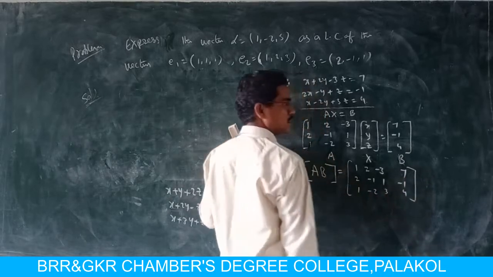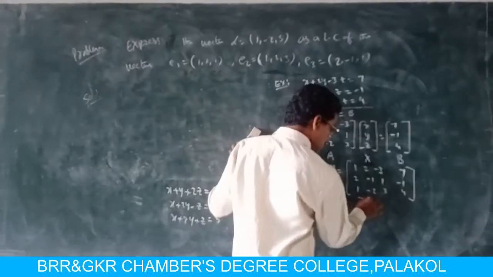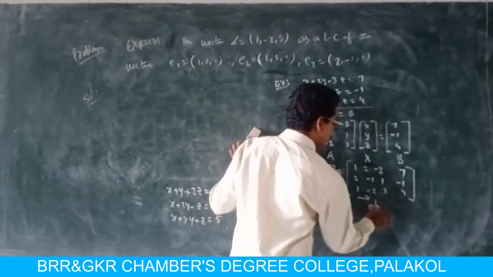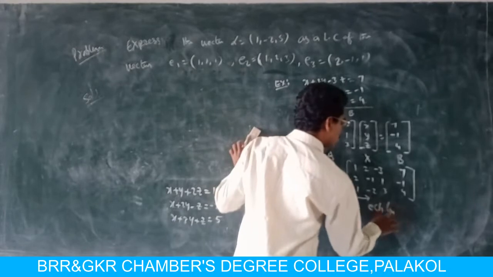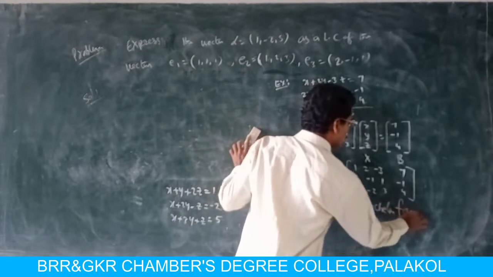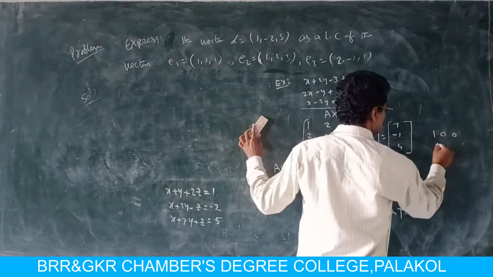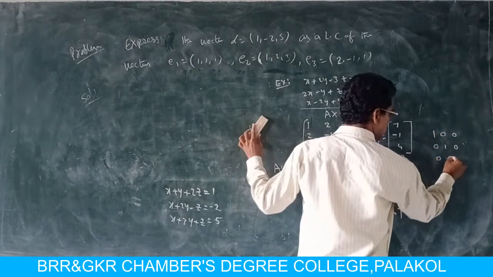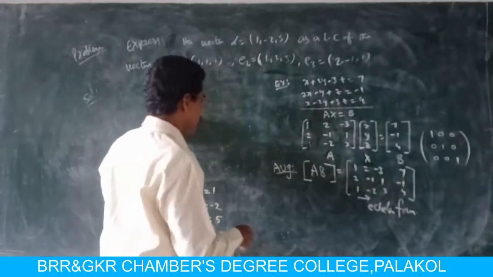This is the augmented matrix. This augmented matrix can be changed into echelon form. Echelon form means 1 0 0, 0 1 0, 0 0 1.